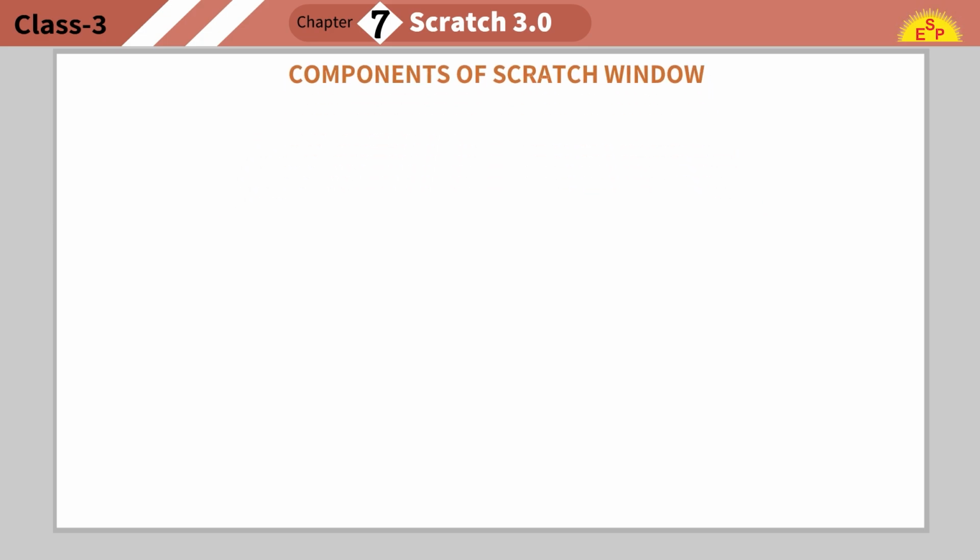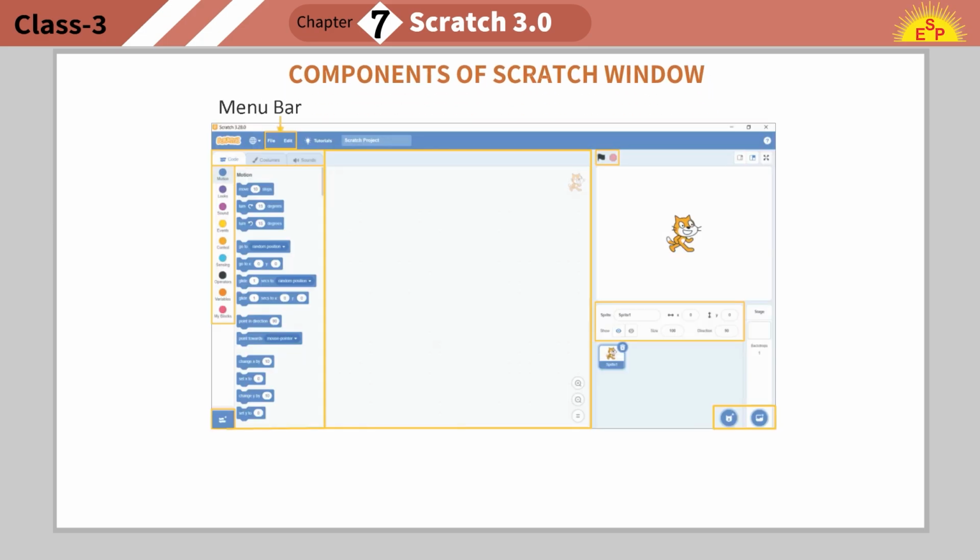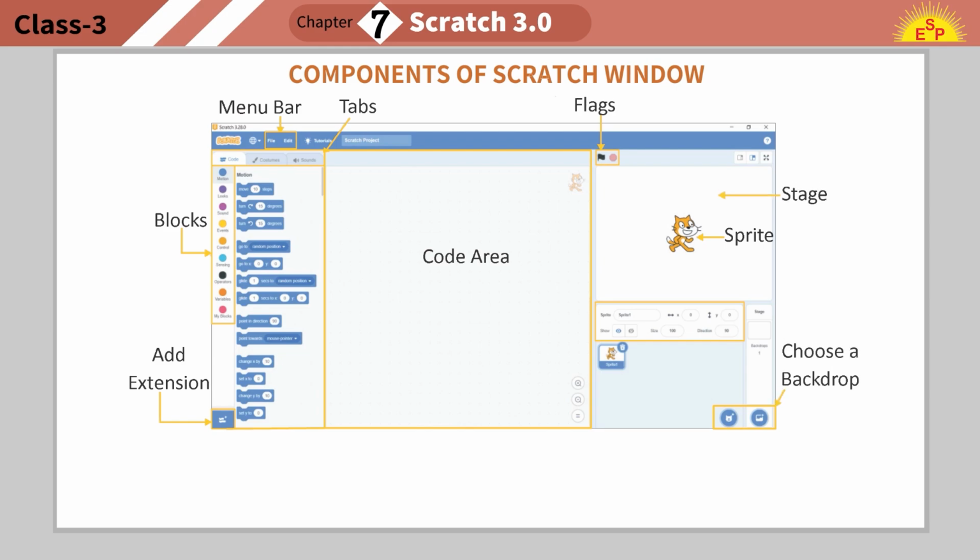Components of Scratch window. Menu bar. Tabs. Flags. Blocks. Add extension. Code area. Sprite. Stage. Choose a backdrop. Blocks palette.